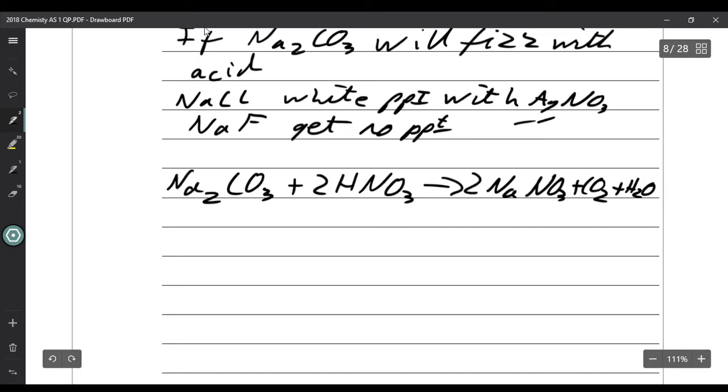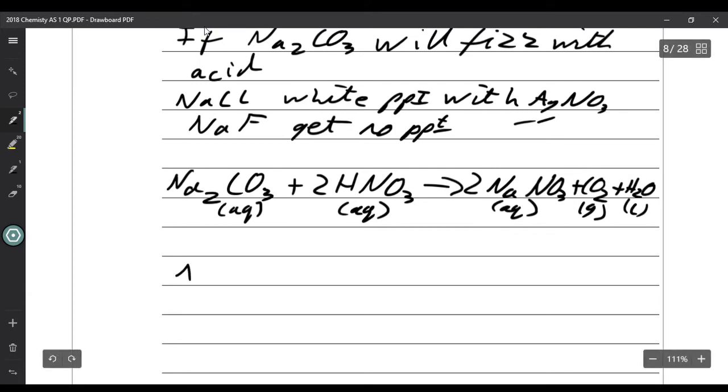So the state symbols for these: the sodium carbonate, nitric acid and sodium nitrate would be aqueous, of course CO2 would be a gas and the water would be a liquid.